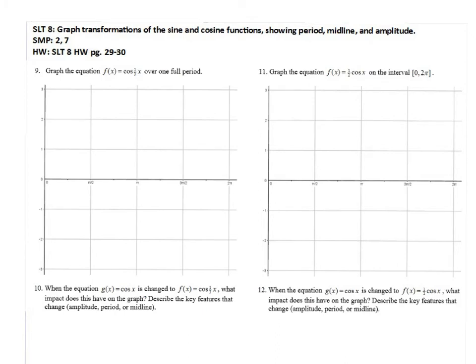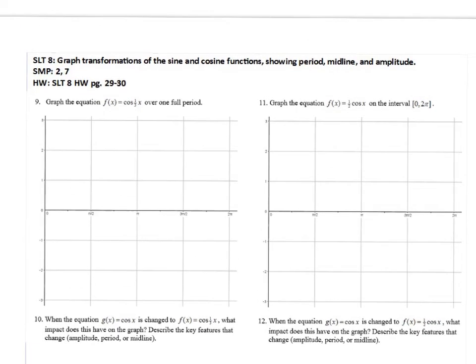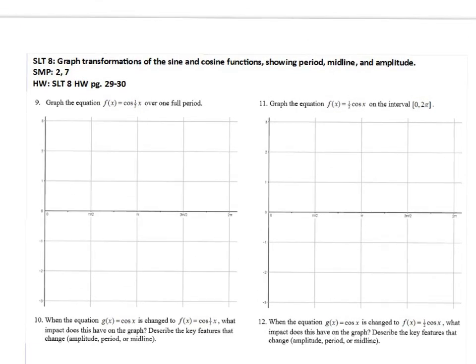So now if you look at numbers 9 and 10, instead of the sine graph, we have the cosine graph. So let's review the parent function for cosine. Cosine has the same period of 2 pi. And the x value at 0 radians on the unit circle is 1, so we're at a maximum.